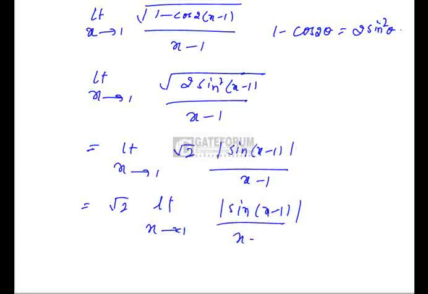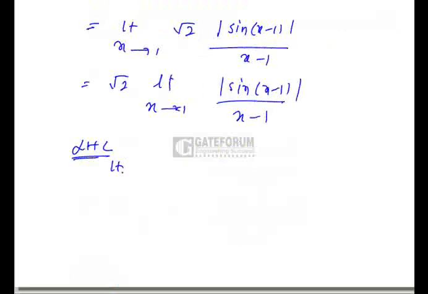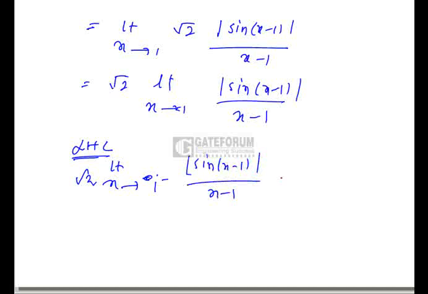by x minus 1. If I consider the left hand limit, that is limit x tends to 1 minus, modulus of sine x minus 1 by x minus 1, this will be minus of limit x tends to 1 minus sine x minus 1 by x minus 1, and root 2 is always there, which will be minus root 2.